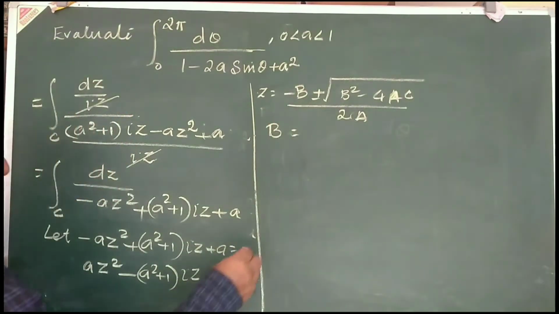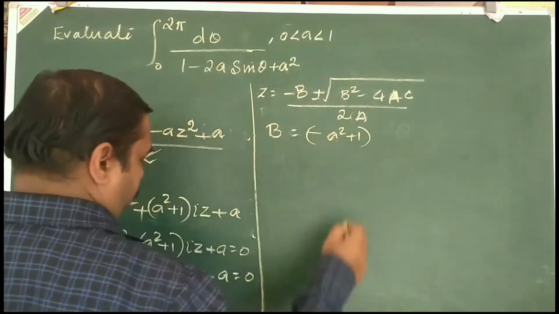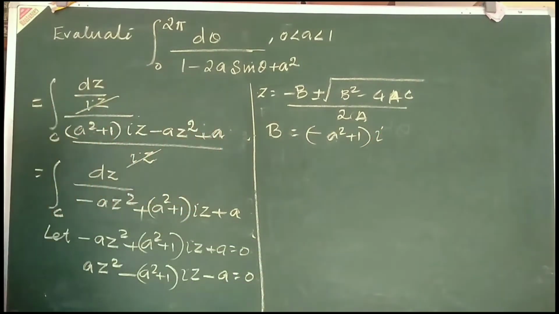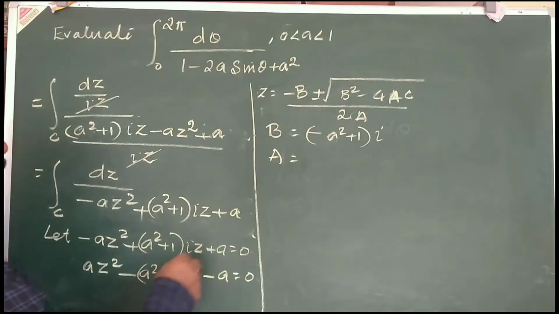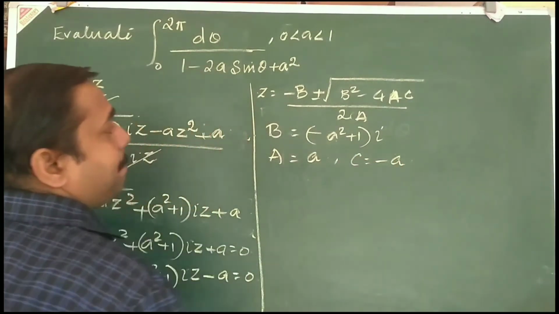B is equal to minus a square plus 1 into I. You take the coefficient of z only. So what is capital A? That is the coefficient of z square, that is equal to a. Then what is c? It is the constant term, that is c is equal to minus a.